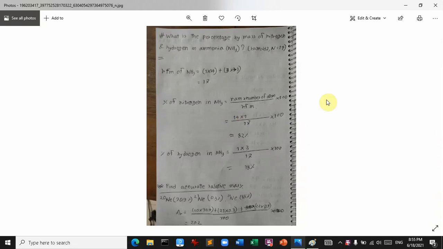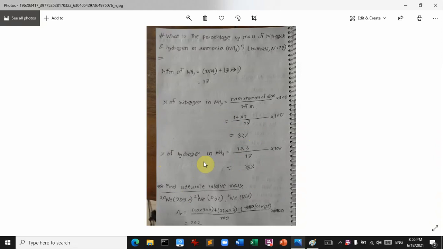In the end we multiply by 100 to get the percent result. We find that nitrogen is 82%, and in the same way we find the percentage of hydrogen, which is 18%. The two make up the full 100%.